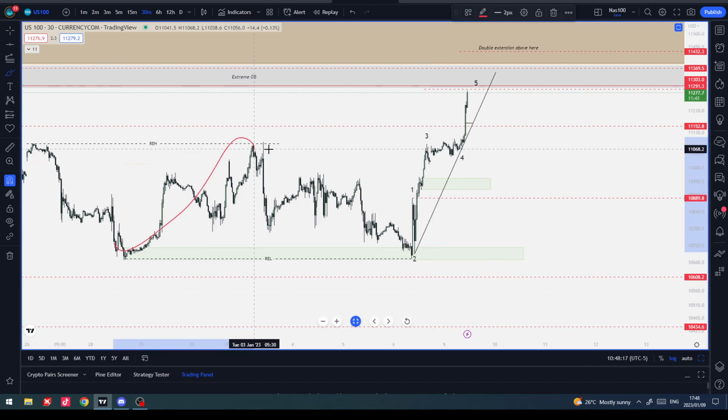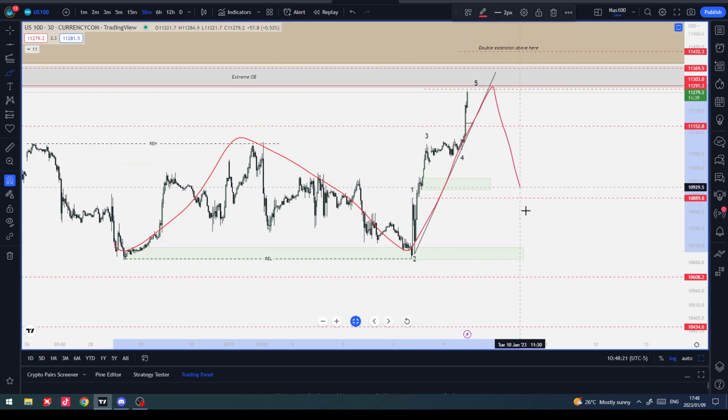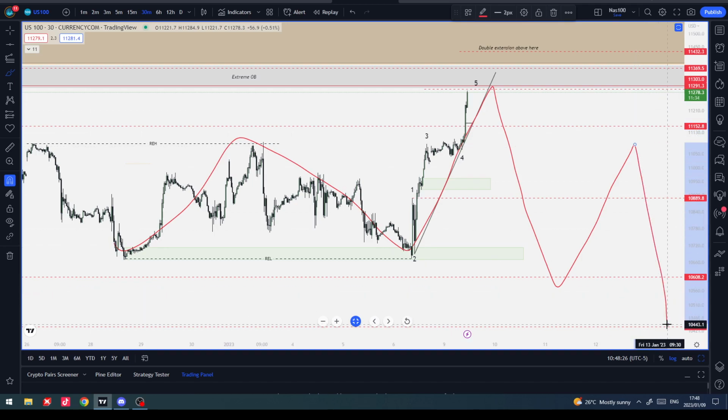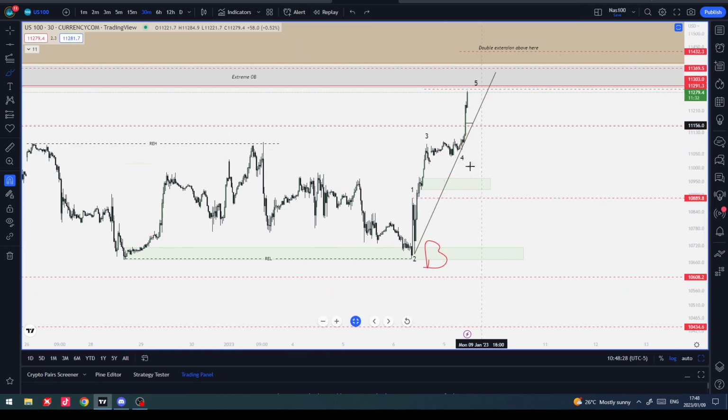Accumulation, failure swing, open liquidity run, the push that takes the lows, the retrace that comes here, and then continuation further down. So all depending on what happens here, how far we get up.